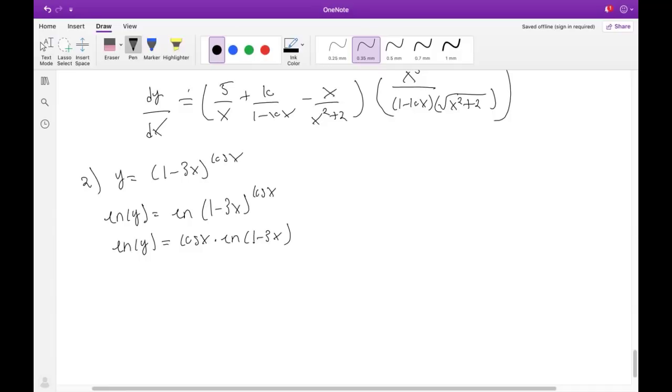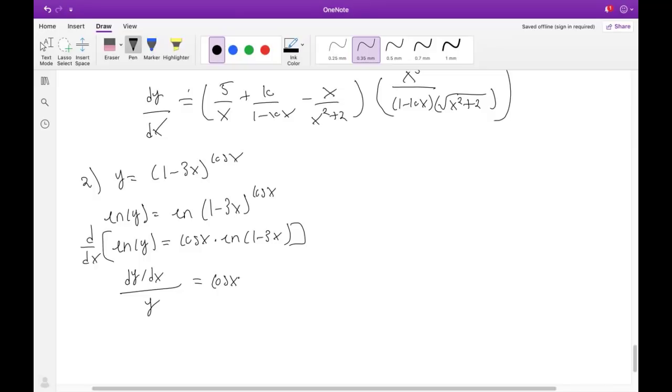So I have this right now, and then I'm going to have the same thing when I take the derivative of the entire left and right side. I'll have dy over dx divided by y, and then I can apply product rule.